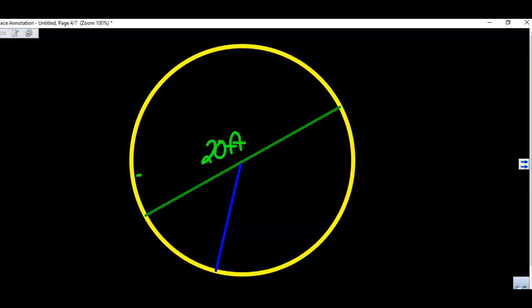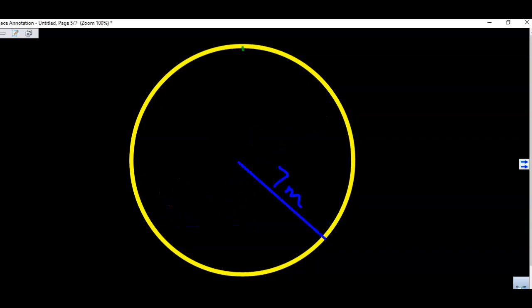If you noticed, we can line these up so that the radius is actually overlapping that diameter. And when we do this, we can see a relationship here. The radius ends up being half of the diameter. So if the diameter is 20 feet, we're just going to take that, divide it by 2, and we now know that the radius is 10 feet.